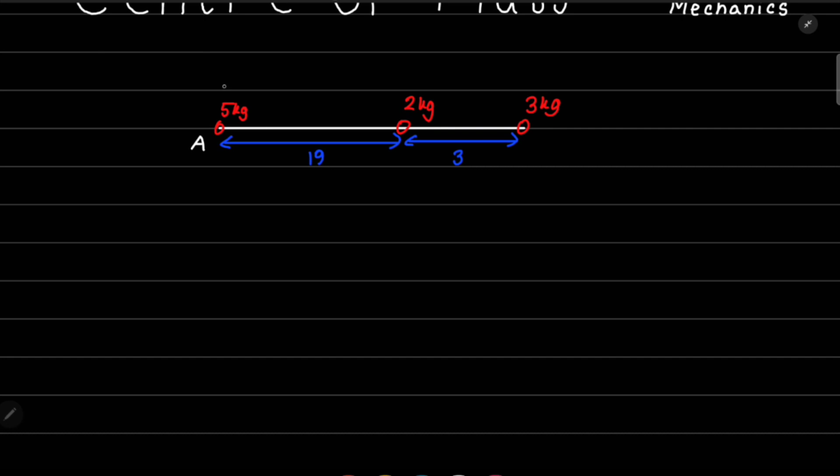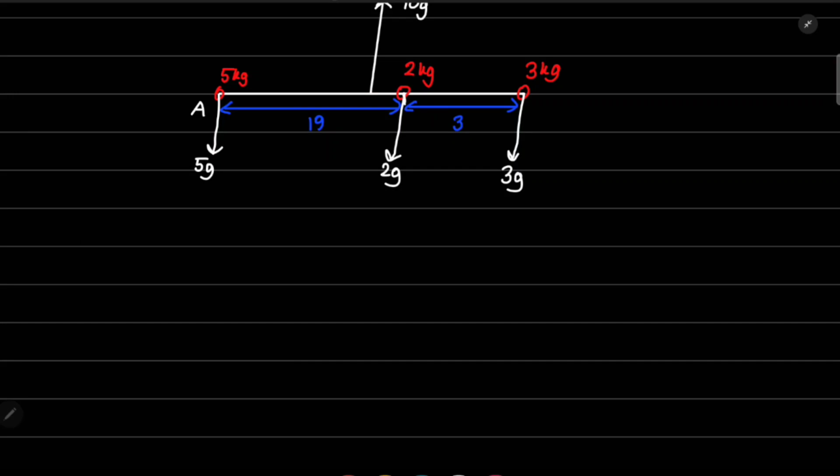The downward force we have is 5g from here, 2g from here, and 3g from here. The upward force and downward force must be equal, so 5, 6, 7, 8, 9, 10. So on the center of mass, we must give a 10g force upward.